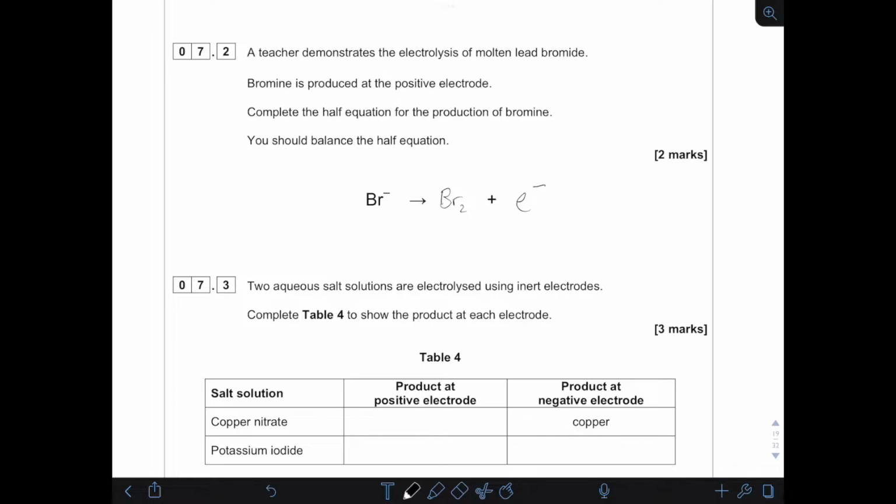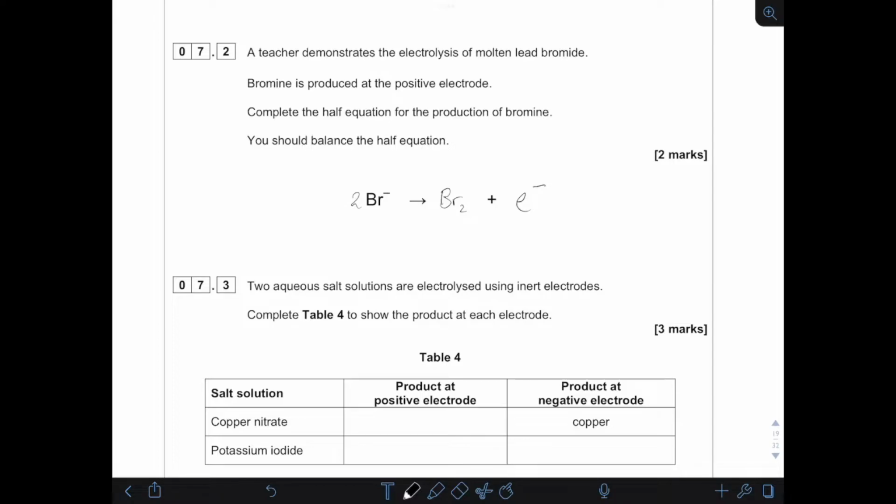So halogen reactions are always in pairs. So you have chlorine Cl2, you have bromine Br2, you've got iodine I2. So with Br2 on the right hand side, with 2 bromines, we need 2 bromides to counteract. So we need to put a 2 before the bromide.